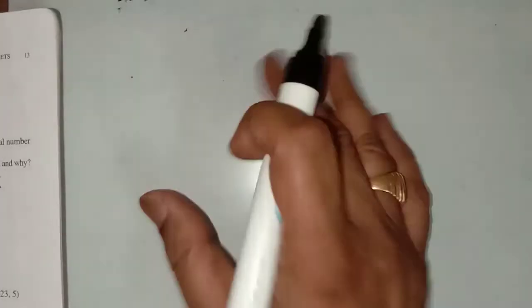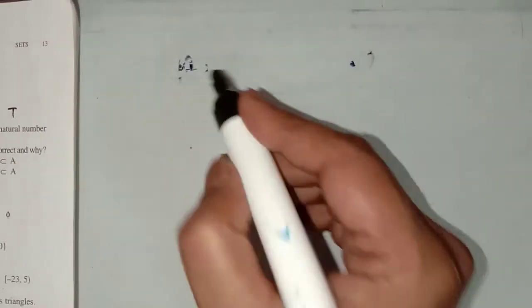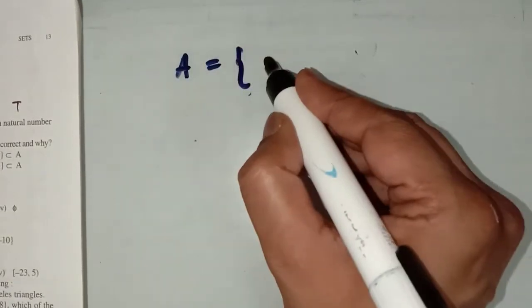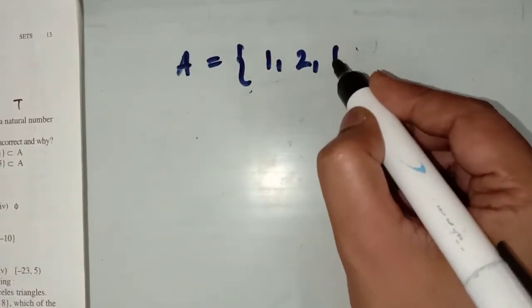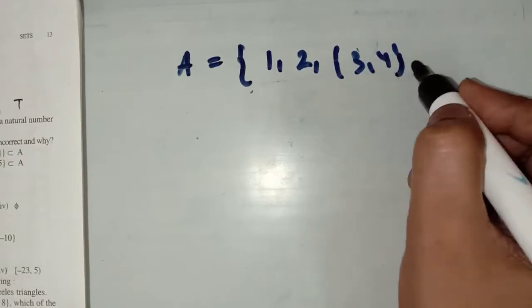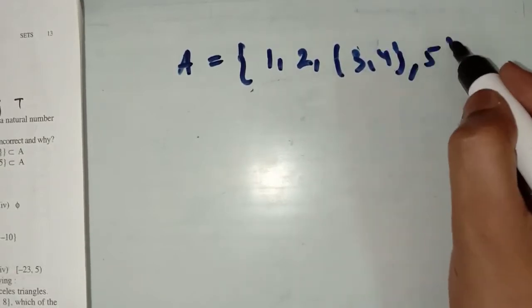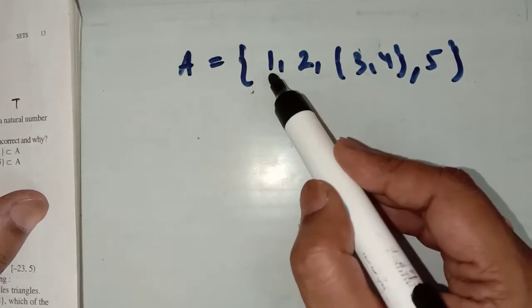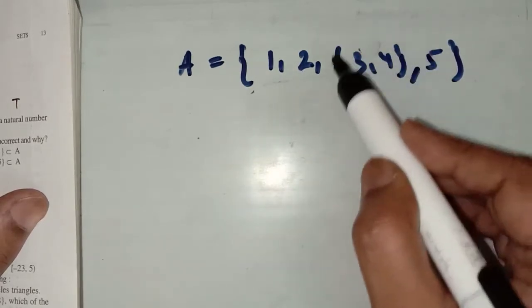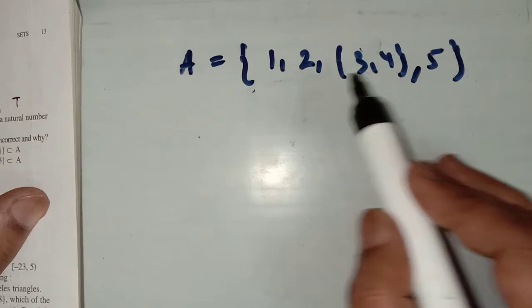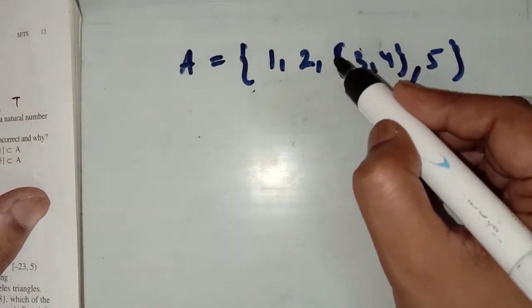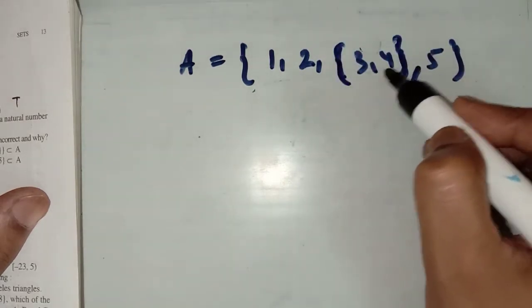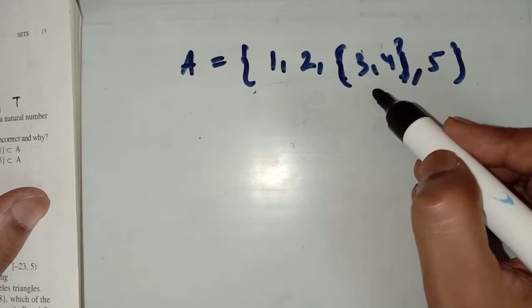The set A is given as 1, 2, 3, 4 with a curly bracket, and 5. Now see it very carefully. In this set, how many elements do we have? 1, 2, 3 and 4, not 5. We have 4 elements, because this is a single element with a curly bracket.